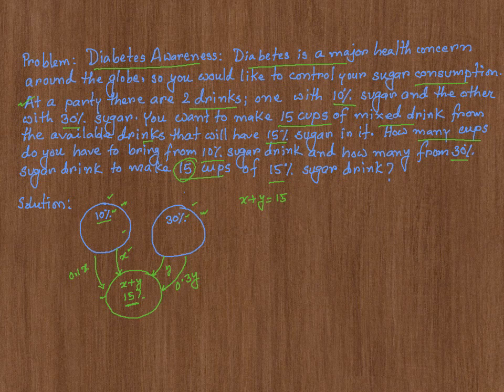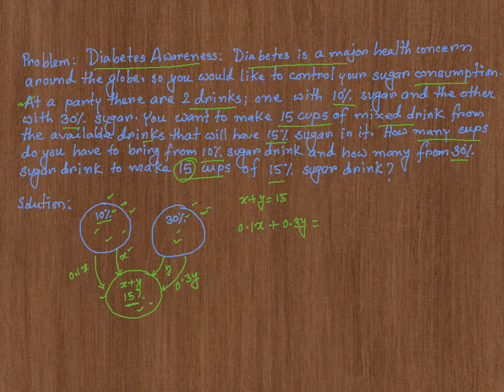Now, whatever sugar you bring in from here and whatever you bring in from there, where does it go? It goes here. So the actual amount of sugar here must be what you get from 10% and 30%. So 0.1x plus 0.3y, that's the actual amount coming from this one and this one respectively.